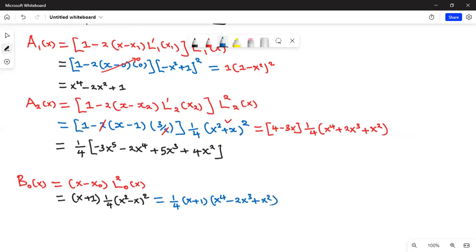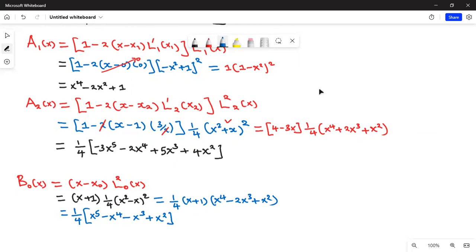Open the bracket completely so that you get 1 over 4 outside. Then inside we'll have x raised to 5 minus x raised to 4 minus x cubed plus x squared. So that's b naught.